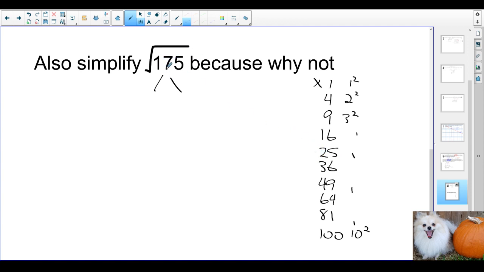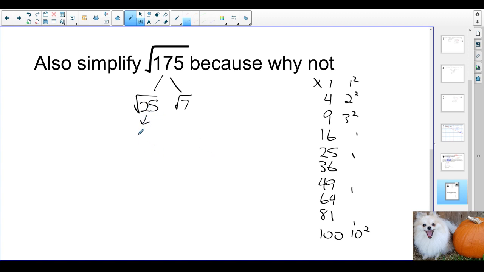The trick here is anytime you see 25, 50, 75, that's your key that it's going to be a 25. So how many 25s are in 175? Or how many quarters in $1.75, which is 7. If you didn't know, now you know.